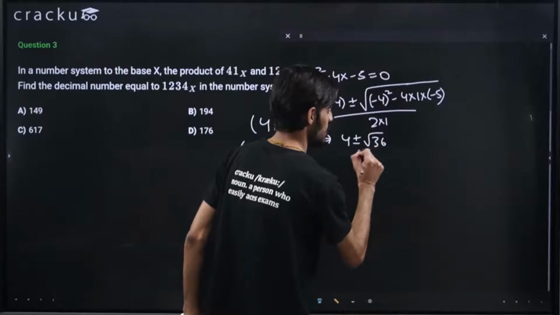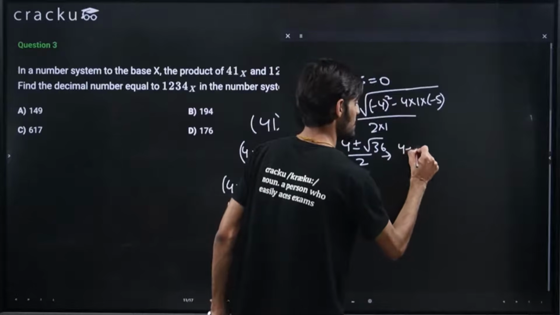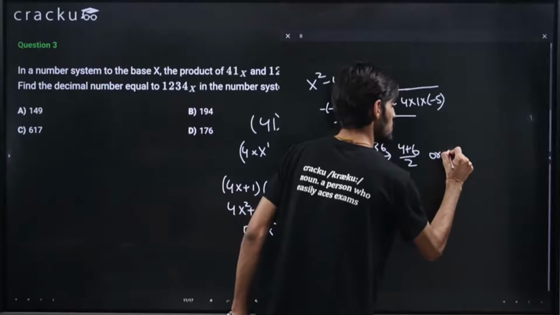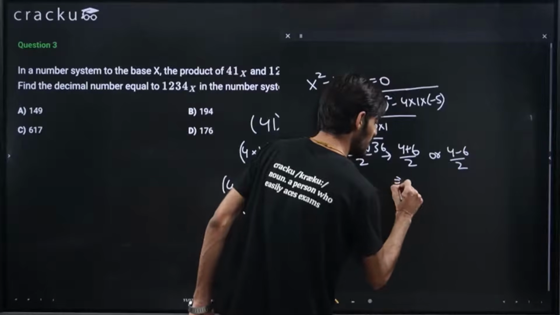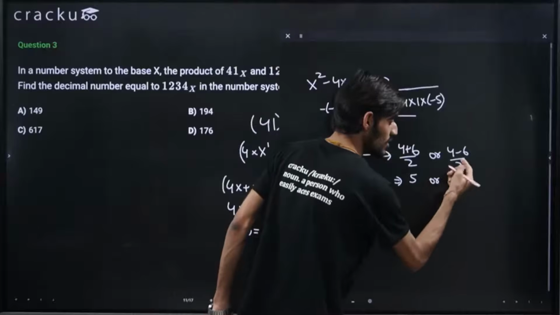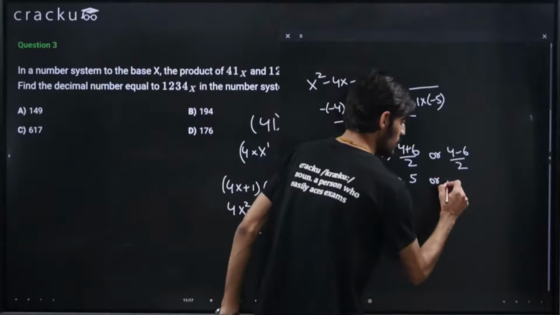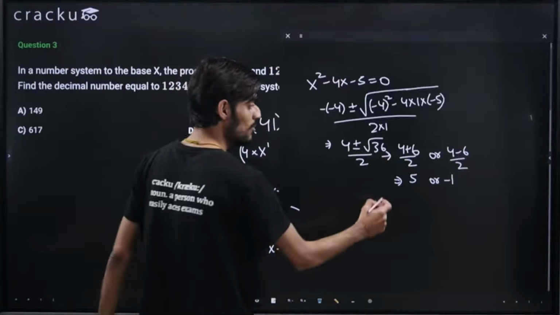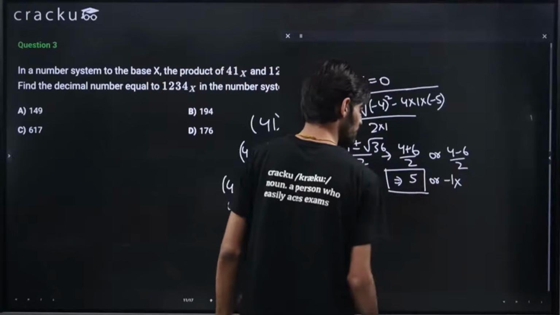So root 36 divided by 2, that is 4 plus 6 divided by 2 or 4 minus 6 divided by 2. So it will be either 5 because 10 by 2 is 5 or minus 1 because 4 minus 6 is minus 2, minus 2 divided by 2 is 1. So this will be minus 1. But again, because this is a base, it can't be negative. The only possible case will be x equal to 5 and not this.